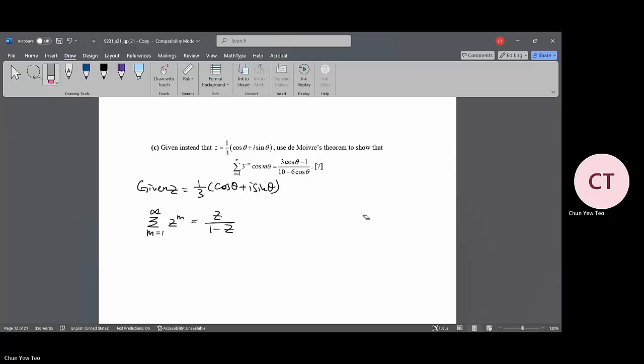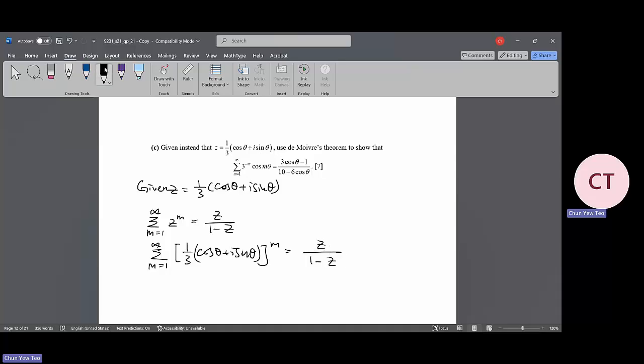Your left-hand side, you continue to replace z, becoming 1 over 3 cos theta plus i sin theta, to the power of m. Of course I can change z over here, but we need to know the trick.